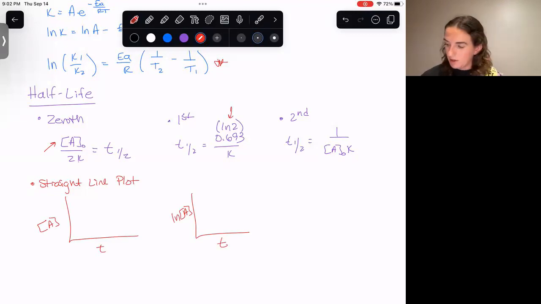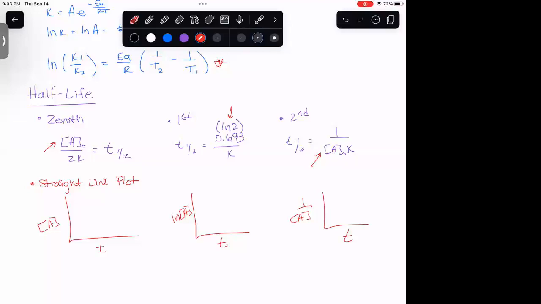And then for second order, it's 1 over concentration of A over T, so you have your concentration in the bottom for your half-life. So I think of what my axes are for my straight line plots, and that's how I can tell what kind of half-life formulas I have. Jade, does that help memorize your half-lives a little bit? Yes, thank you.